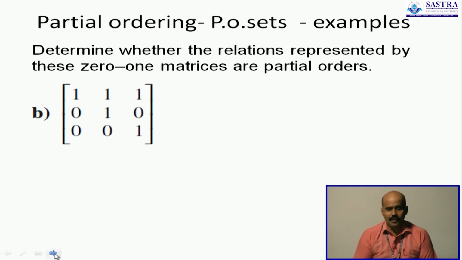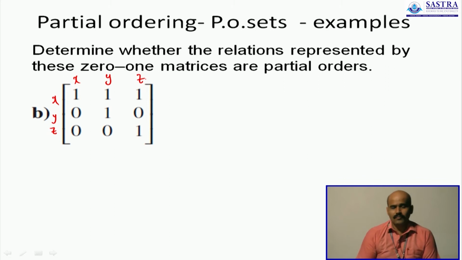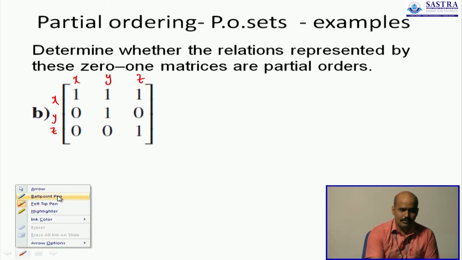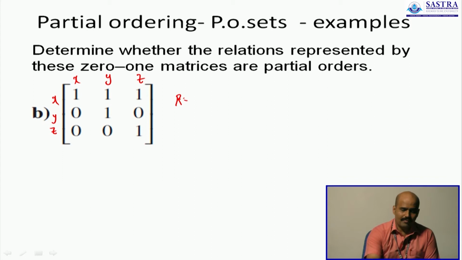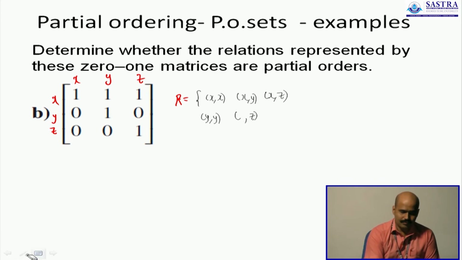The next example is once again on a set containing three elements. Let's call the indices x, y, z and x, y, z. Let's write down the ordered pairs that are available before us. You have xx, you have xy, you have xz, you also have yy, and you have zz.